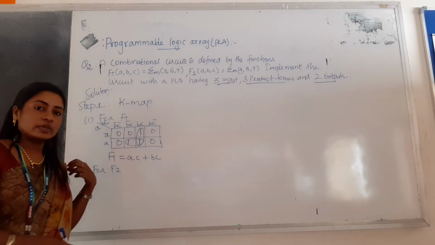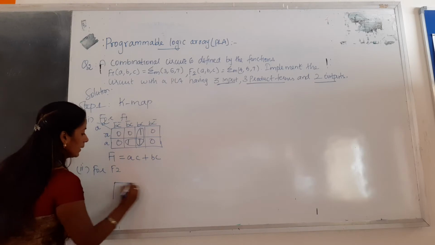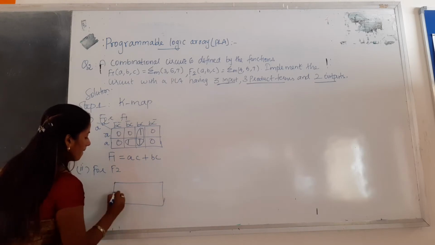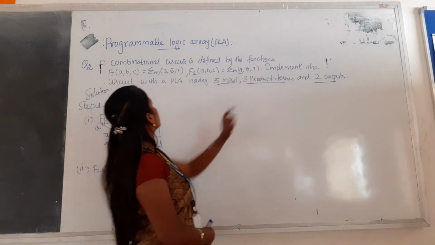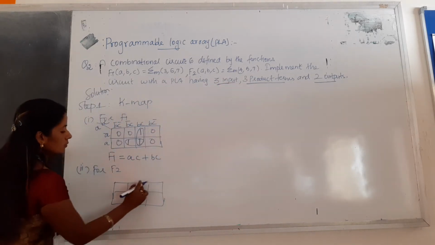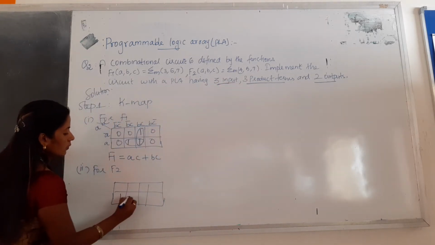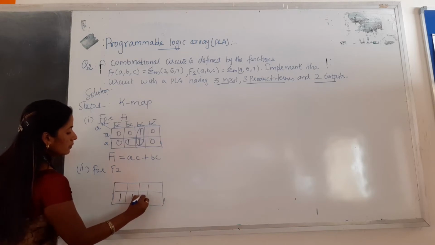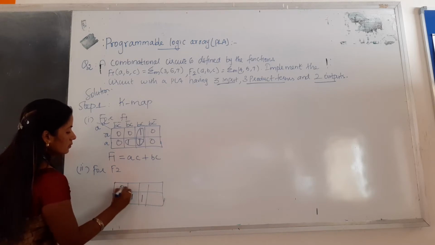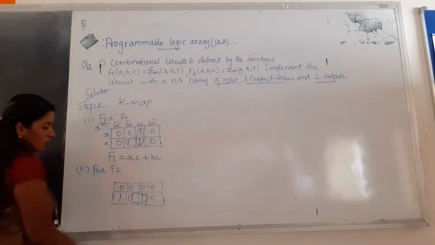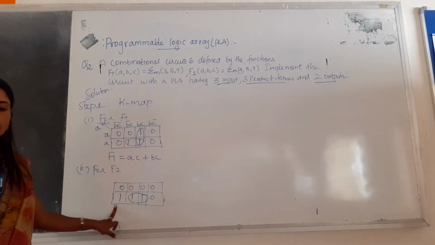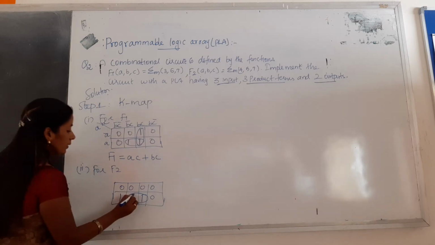Second K-map is for F2. Function minterms 2, 4, 5, 7. Okay, so now one pair. With this one I can make another pair.